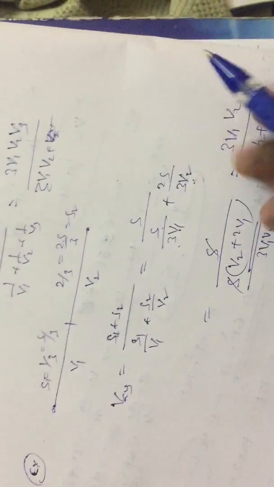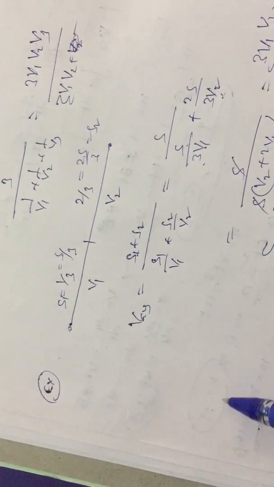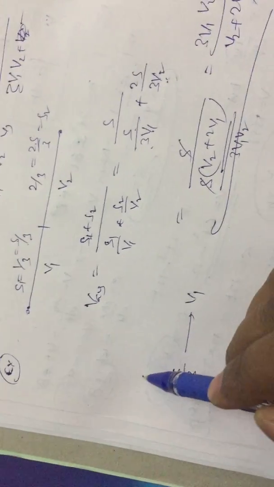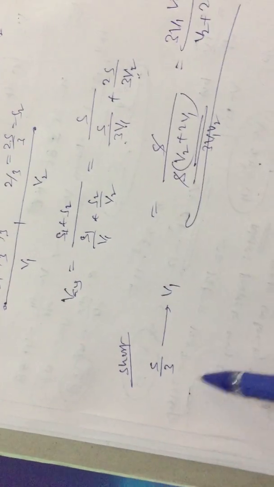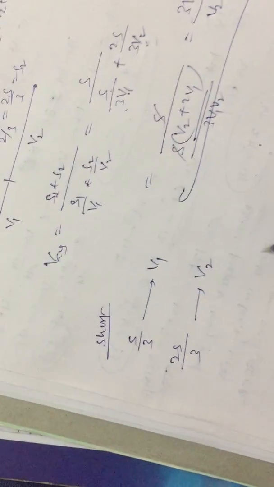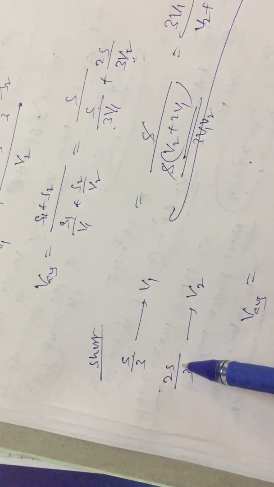But this takes a lot of time. The shortcut method for this one is: first displacement is s by 3 with speed v1, and second displacement is 2s by 3 with speed v2. Now average speed is simple: the total is s by 3 plus 2s by 3.